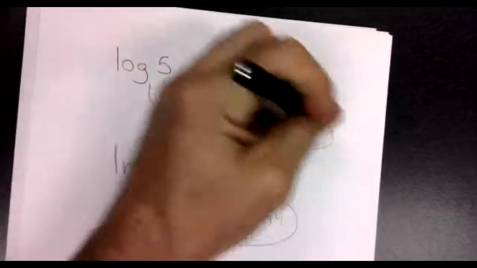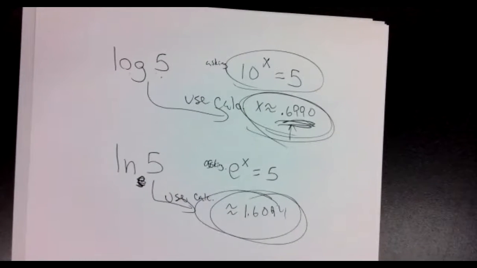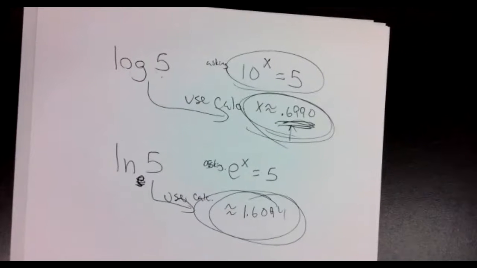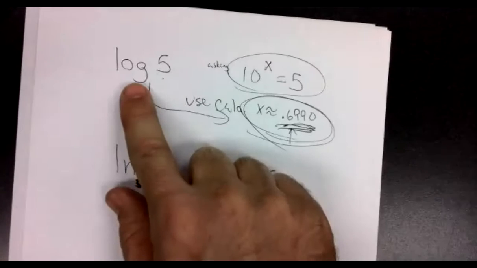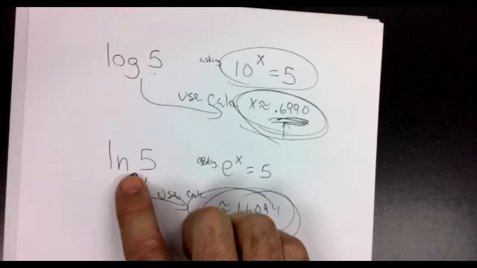So that's what this number represents. That's going to be the first few things. So you need to be able to convert back and forth between logarithmic and exponential functions. You need to be able to evaluate a log with no apparent base and a natural log.